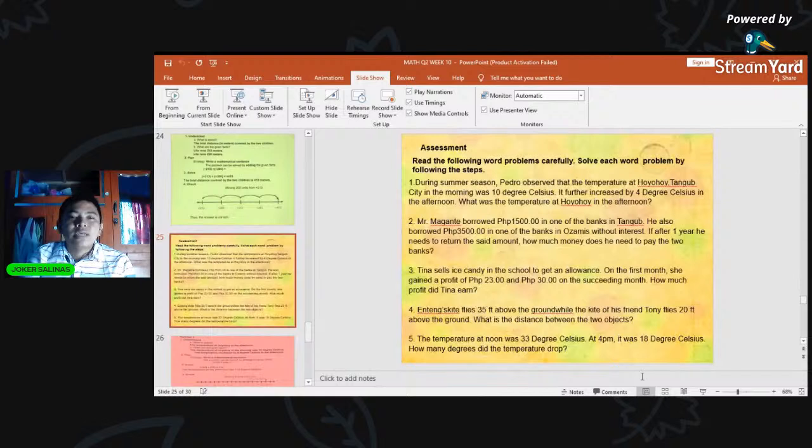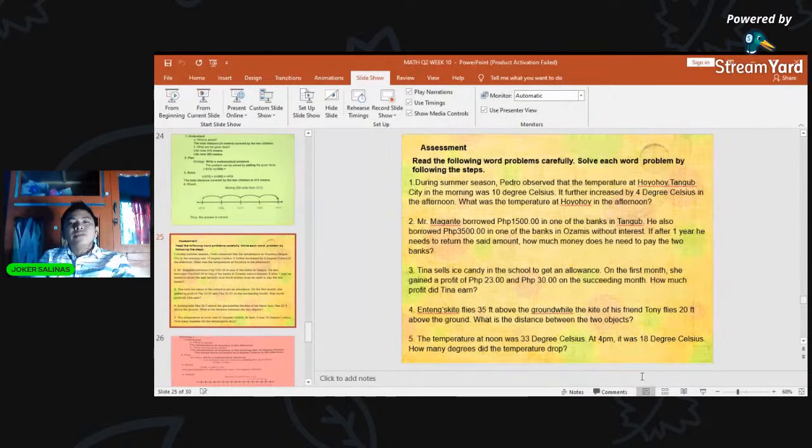Next, for your assessment, you're going to read the following word problems carefully. Solve each word problem by following the steps. Number one, I will give you 5 minutes to answer the following problem. Your timer starts now.